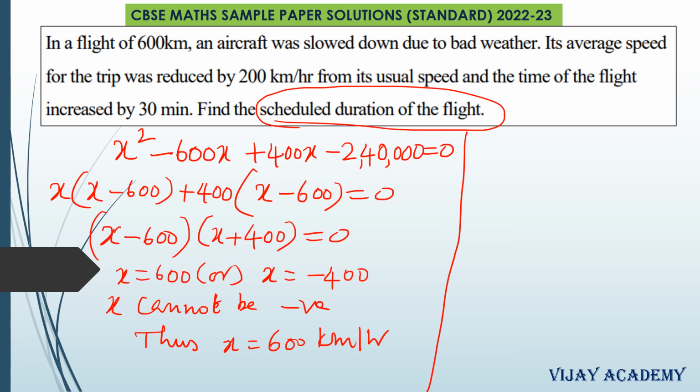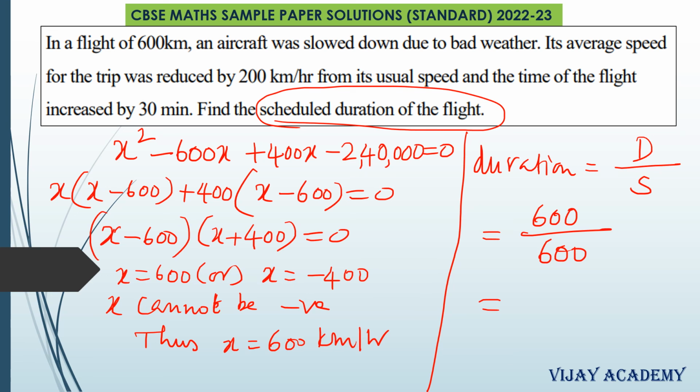The duration, that is the time taken, is distance divided by speed. The distance is 600 kilometer divided by the speed, which is also 600 kilometer per hour. So we get 1 hour. So the scheduled duration of the flight is 1 hour.